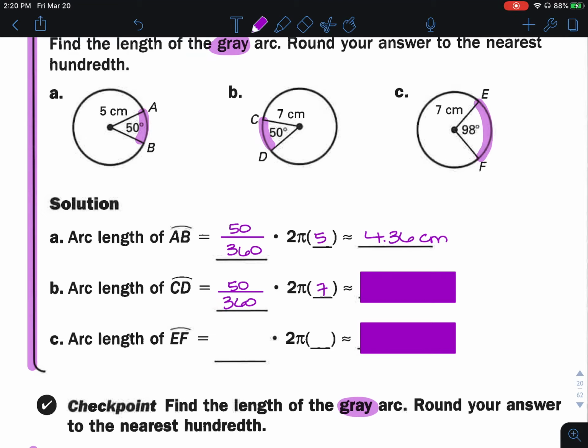Do 50 divided by 360 times 2 pi 7. Again, pi is a button in your calculator. You might have to press second, depending on the calculator. When you plug this into your calculator, you should get 6.11 centimeters.